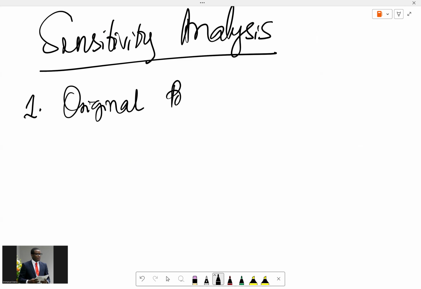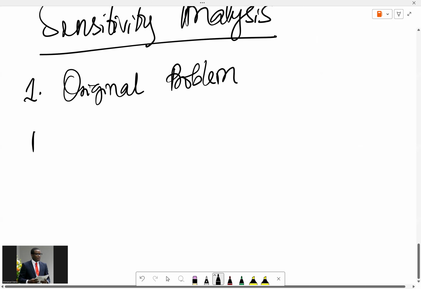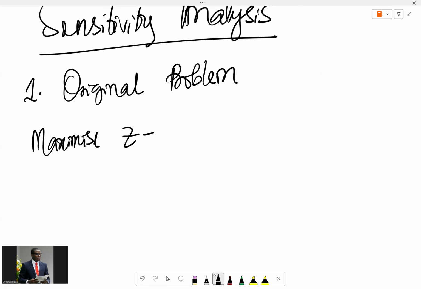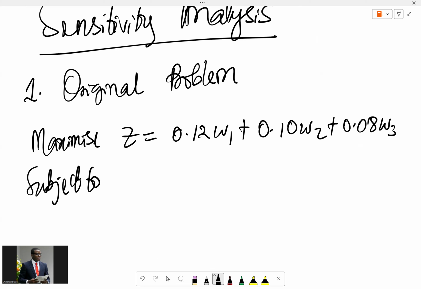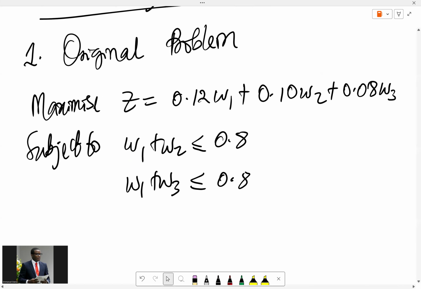The original problem was to maximize Z equals 0.12 W1 plus 0.10 W2 plus 0.08 W3 subject to W1 plus W2 less than or equal to 0.8, W1 plus W3 less than or equal to another 0.8.